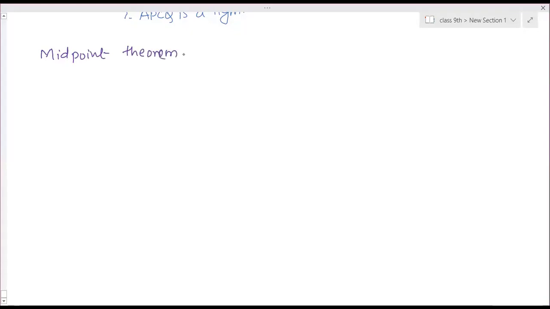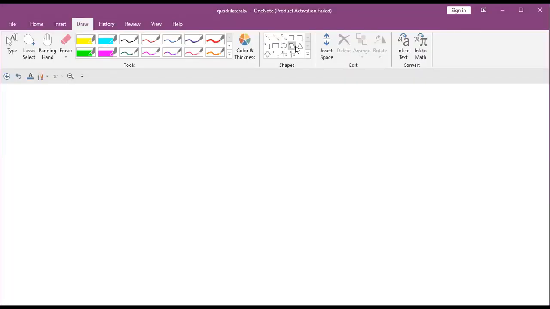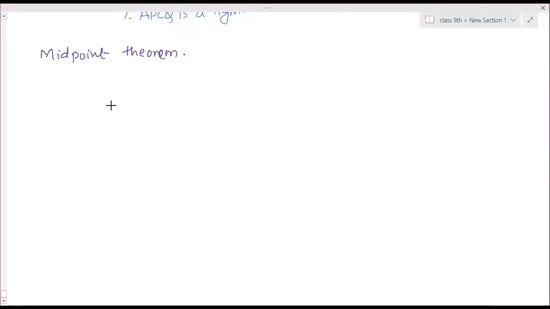Next part of the chapter is the midpoint theorem. What is the midpoint theorem? It is applicable for triangles. In a triangle, the line joining the midpoints of two sides.